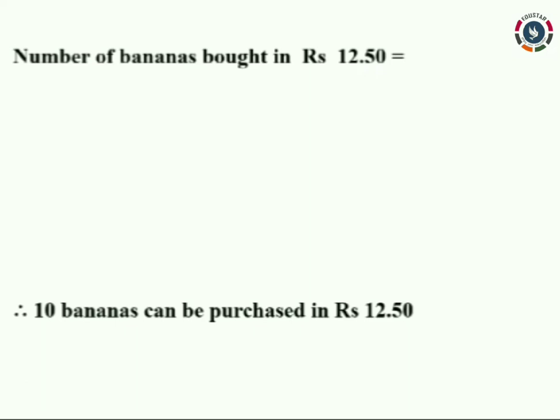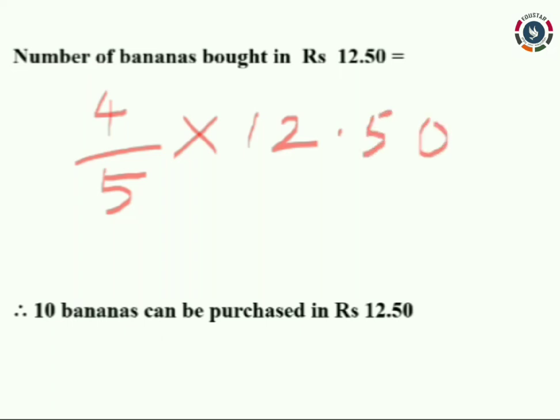Okay, now we are going to find the number of bananas bought for rupees 12.50. Already we have found it for 1 rupee, right? For 1 rupee 4 by 5 bananas you can buy, and for 12 rupees and 50 paise you have to do multiplication, right? So now I am going to do cancellation. 5 here, 12 you have, 2 times 5 will go, the remaining 2 you have to add with 5, you will get 25.